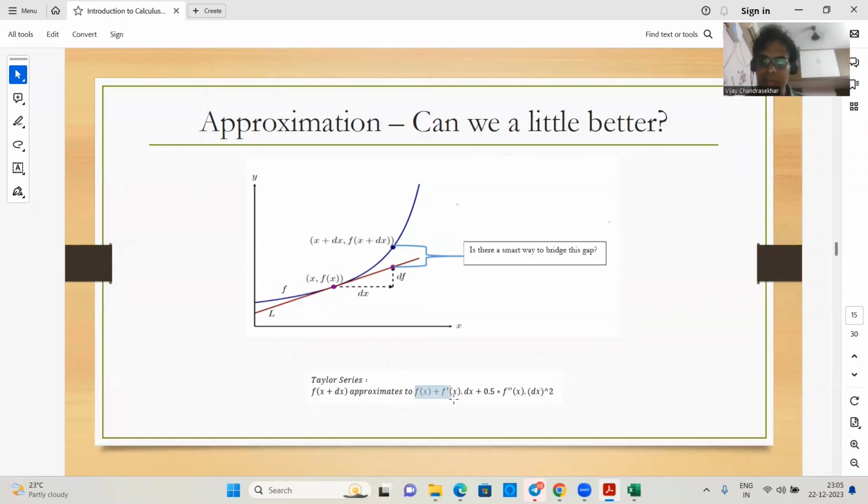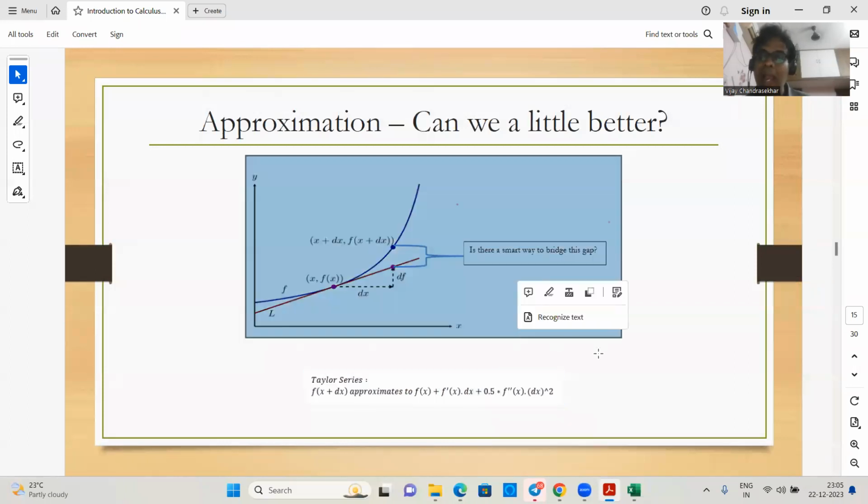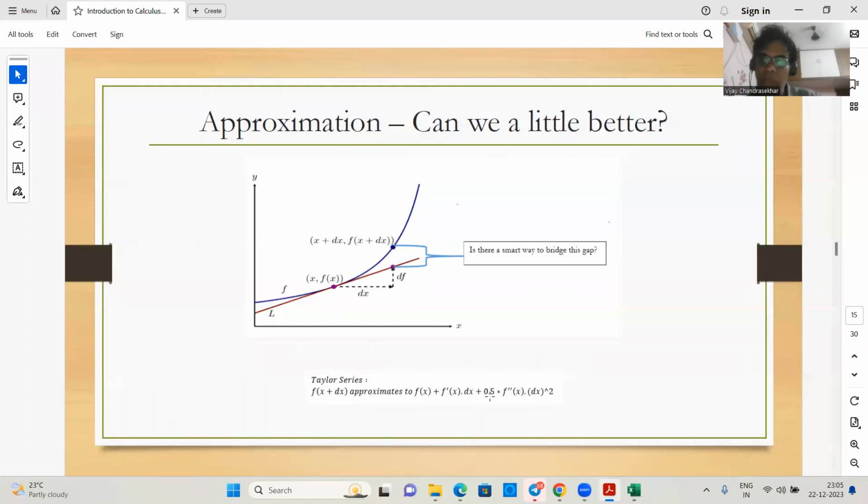We understand this portion really well because this is what we've been doing so far. Then you add another term, which is 0.5 multiplied by f double dash of x into dx the whole square.